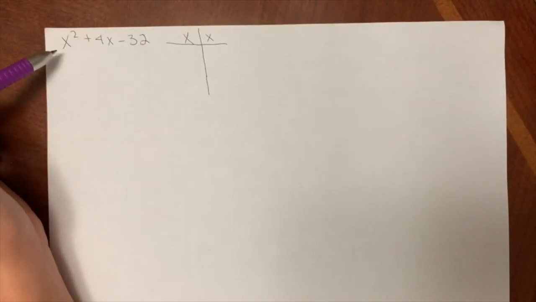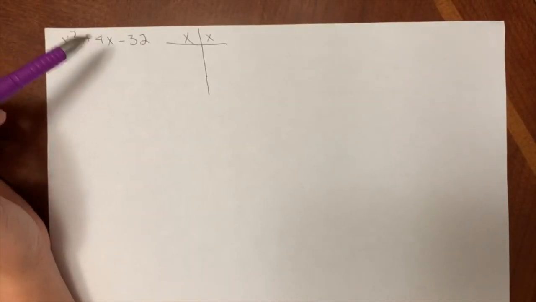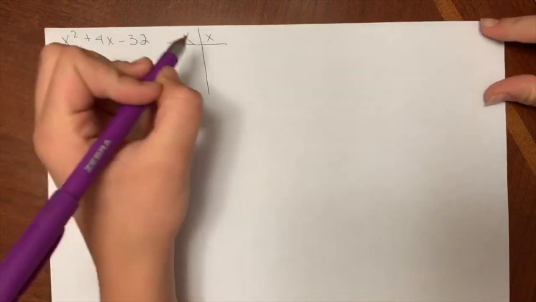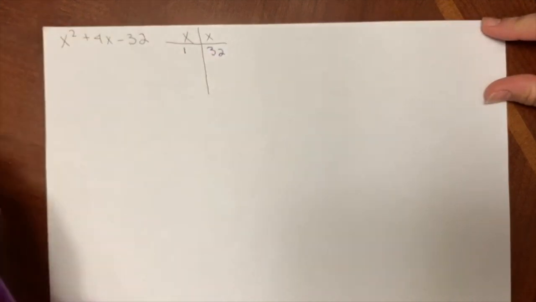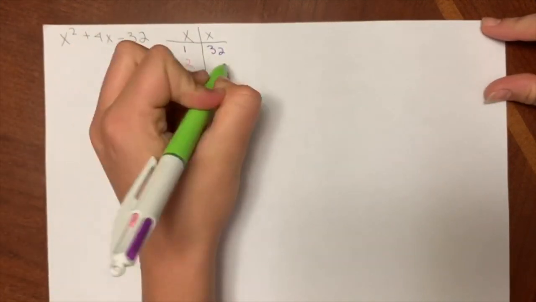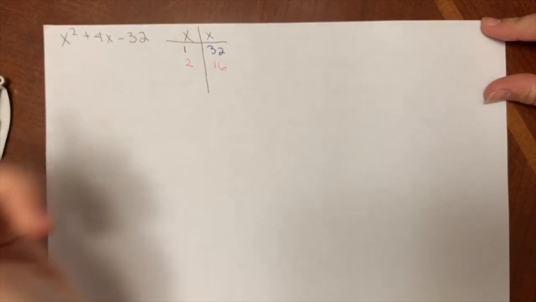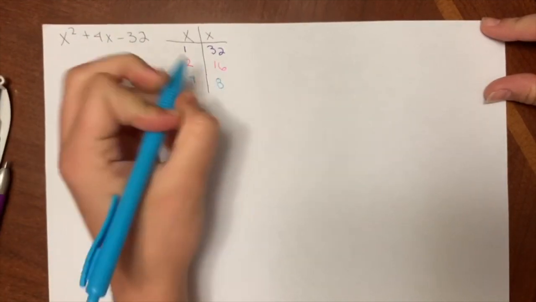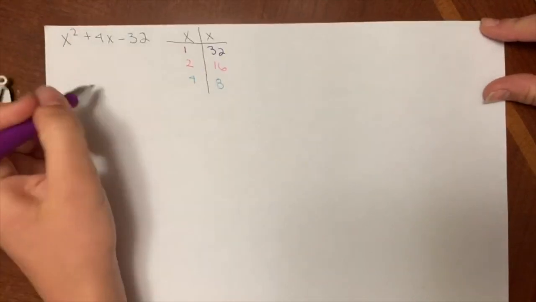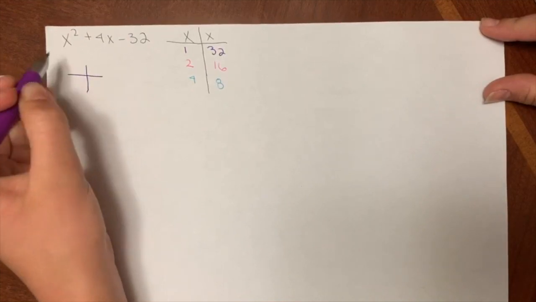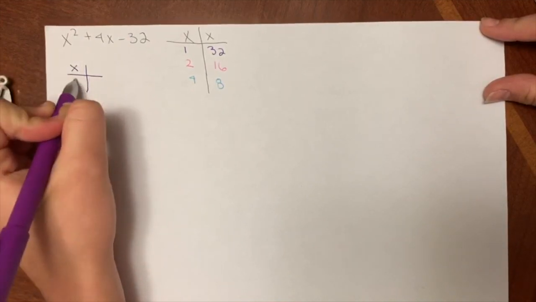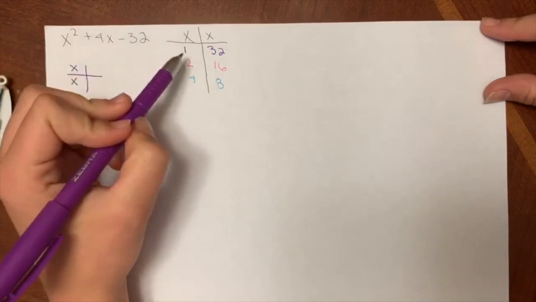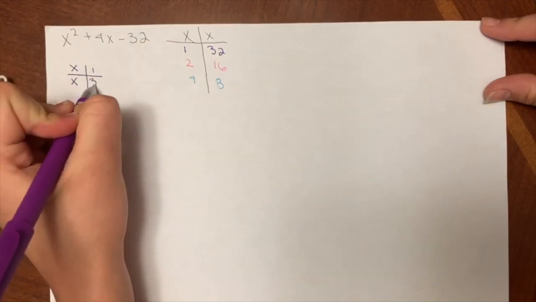To find x using a t-chart, you must first find the multiples of 32, which are going to be 1 and 32, 2 and 16, and 4 and 8. So make your t-chart, and then to get x squared, you need x times x, and then plug in 1 and 32.